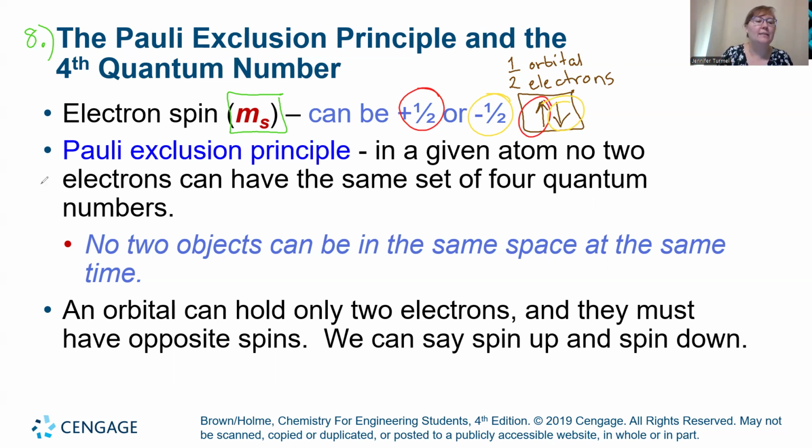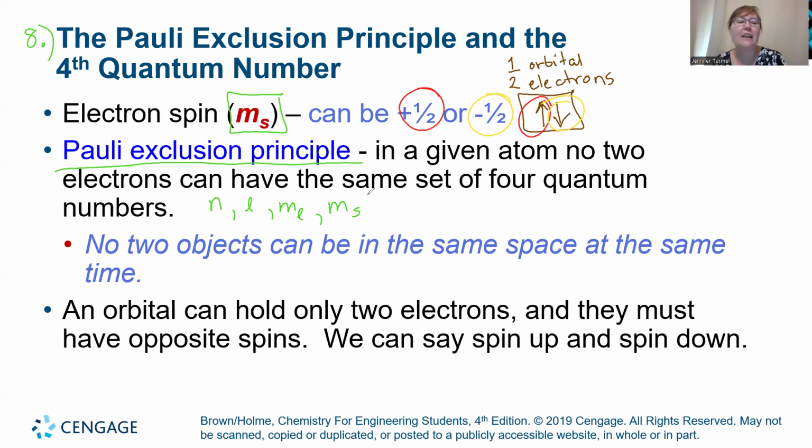And that brings us overall to what we would call the Pauli exclusion principle. In a given atom, no 2 electrons can have the same set of 4 quantum numbers. Remember, those quantum numbers are n, l, m sub l, and m sub s. Every electron will have a set of 4 that is unique.